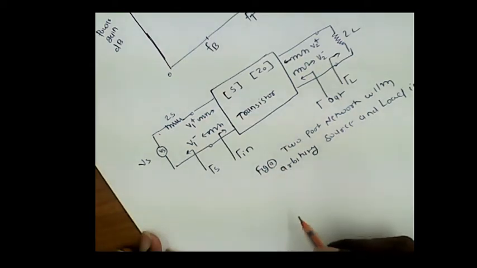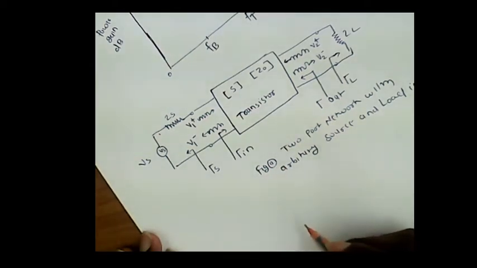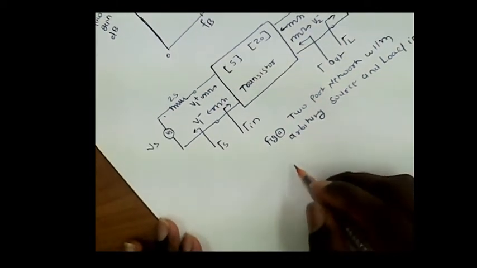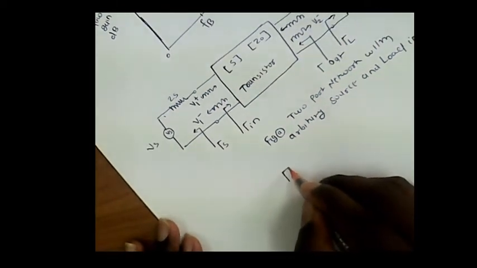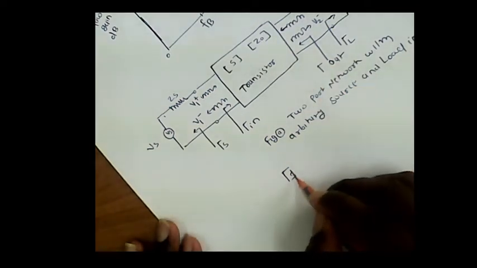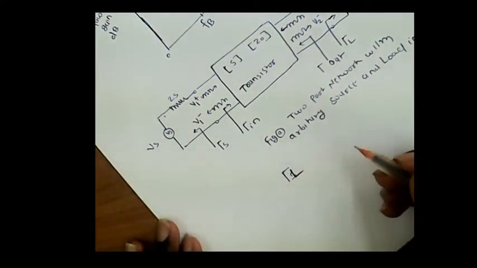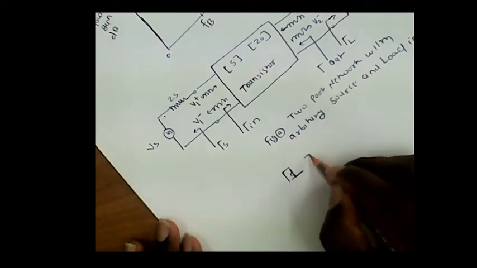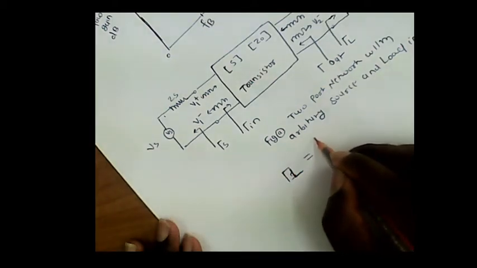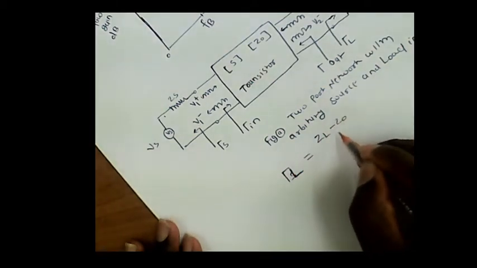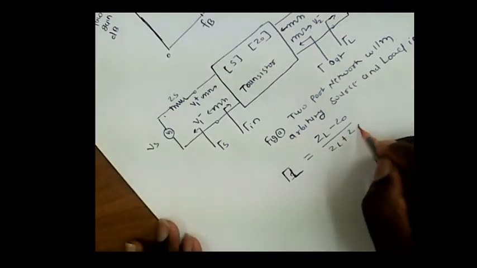So the reflection coefficient when seen towards the load, that is gamma L, in terms of ZL minus Z naught over ZL plus Z naught.